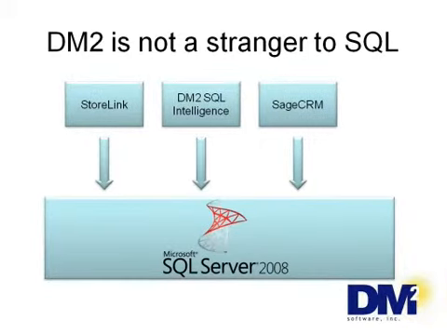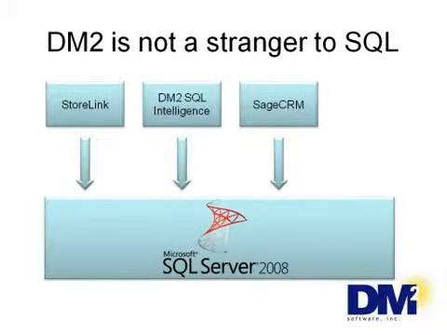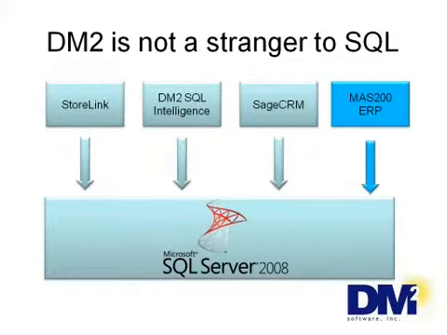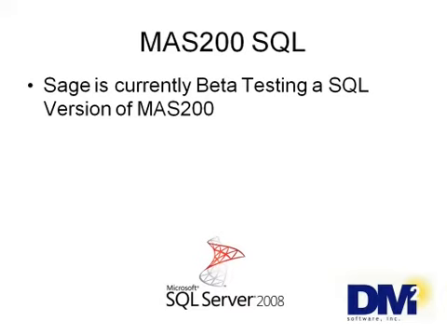What we're very excited about is that we're beginning a process of moving to where MAS 200 ERP, or the core MAS system, would also be available on the SQL platform. So Sage is currently beta testing a SQL version of MAS 200. It's one of the benefits of the framework migration is the ability to change out the database.